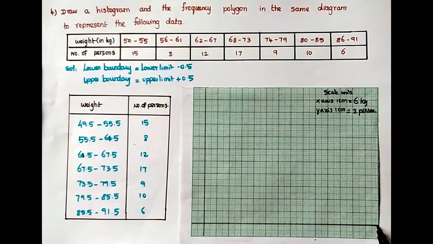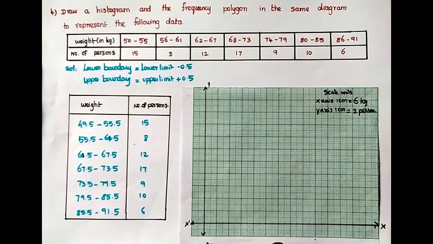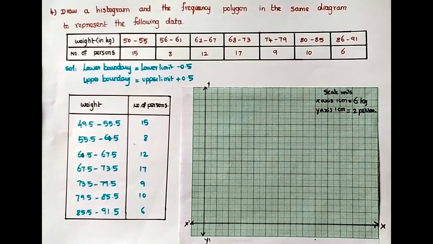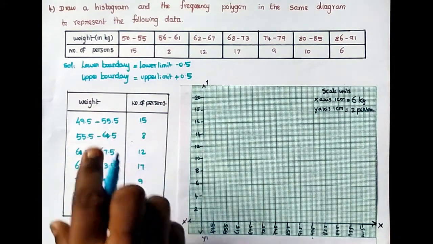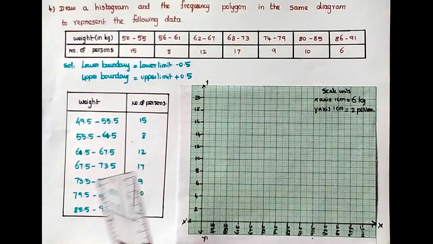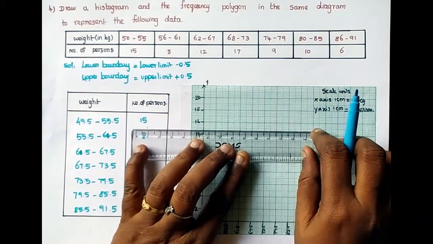Now x dash, y dash, and then write down the numbers here. Now draw the histogram. 49.5 to 55.5, 15. Here only 15.